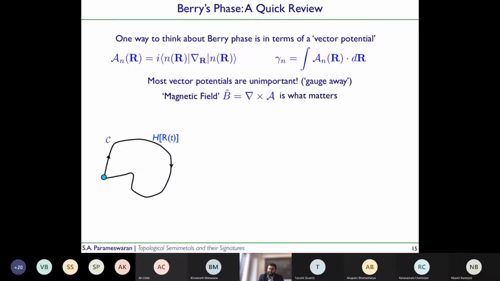And in fact, there's a very concrete statement of how this gauge transforms, because you can see that if I take the state |n(r)> and go to e^{iχ(r)}|n(r)>, let me actually be a little bit more precise: change this to e^{iχ(r)}|n(r)>, then you can convince yourself that A_n(r) goes to A_n(r) plus grad χ, which is really how a vector potential does, the correct transformation law for a vector potential.